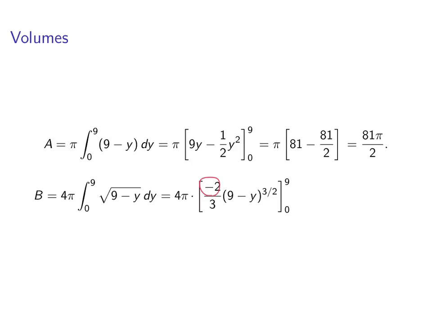That's just a chain rule thing. If you make the substitution u equals 9 minus y, then du equals minus dy, so a minus sign has to get introduced. Plug everything in and you get 8 pi over 3 times 9 to the 3/2. You work all that out, and that's 72 pi.